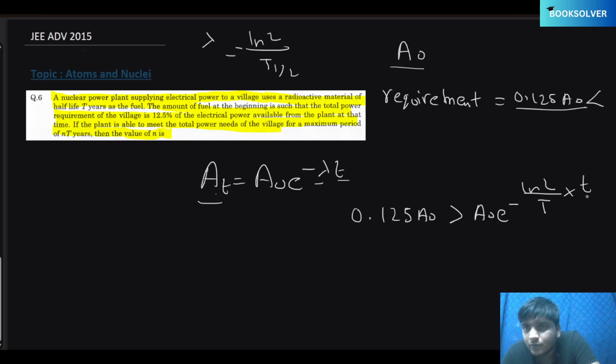This time we have to find, and we can write it as nT, because we have to find n anyway. Now on solving, cancelling A naught and taking log on both sides, it will be ln 0.125 greater than minus ln 2 into n.